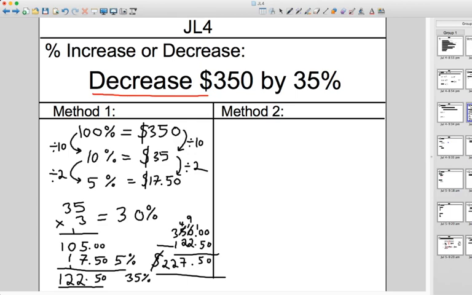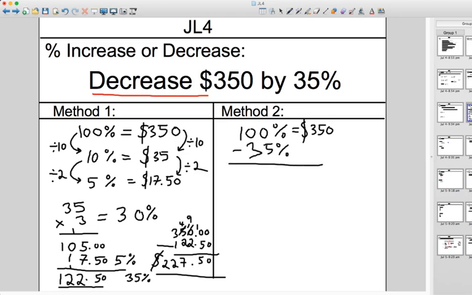So as you can see, there's a lot going on here with the first method when you change the numbers around. The second method actually is a little bit simpler. We know that 100% is 350. I'm going to be subtracting 35%.